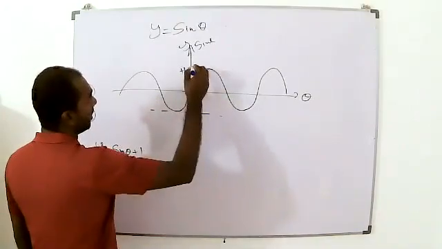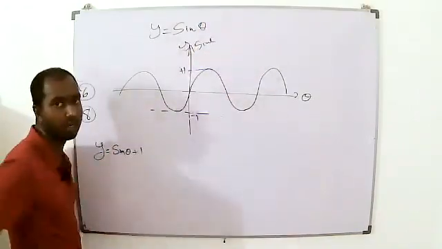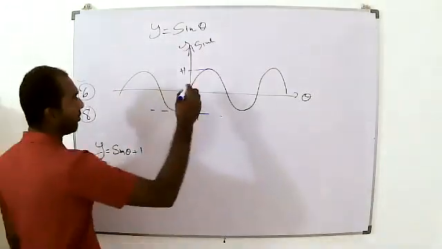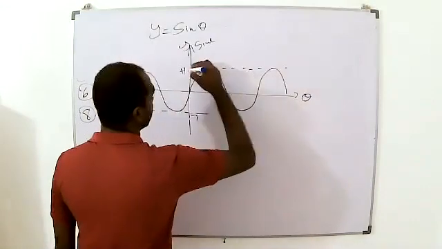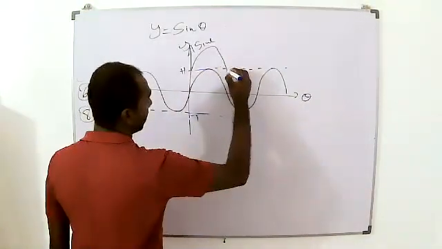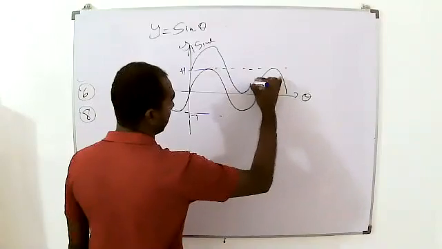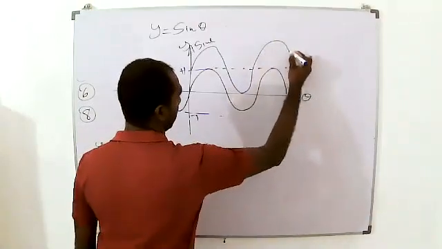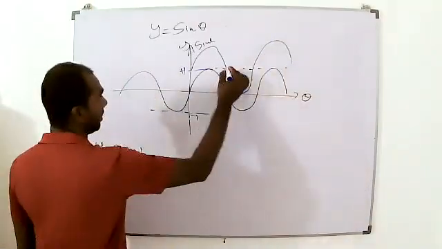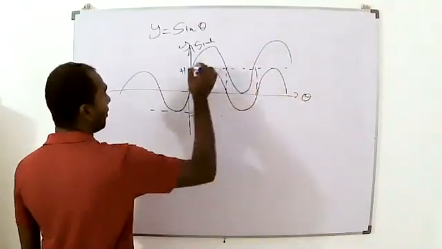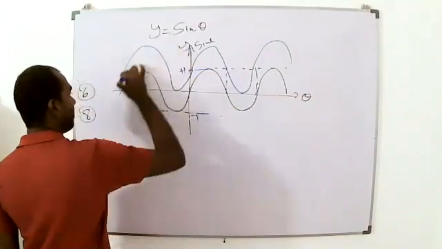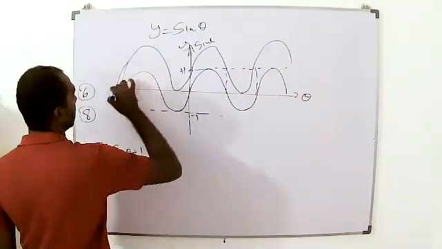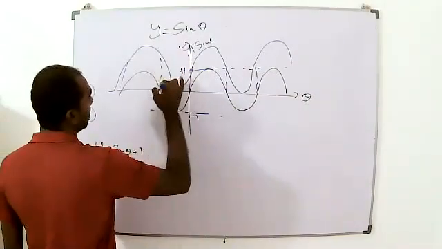So all these points will shift upward 1 unit. So the final curve will look something like this. All these points will move 1 unit upward. This is which kind of transformation?